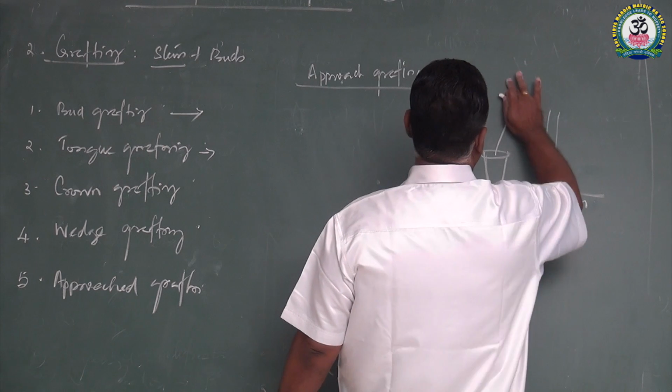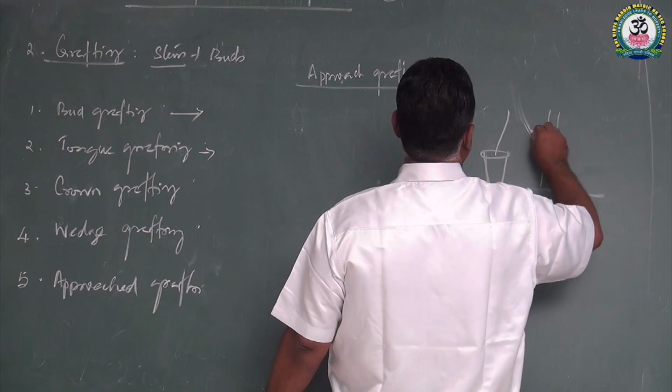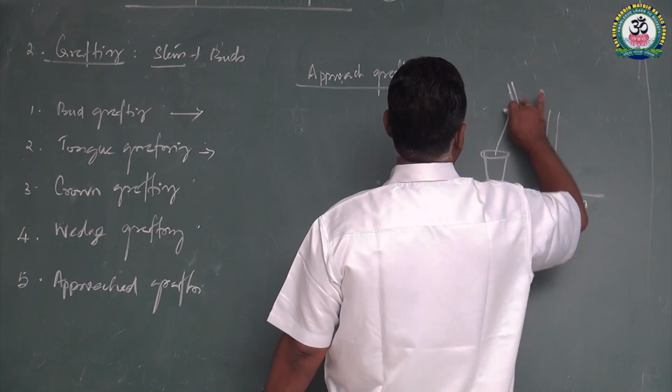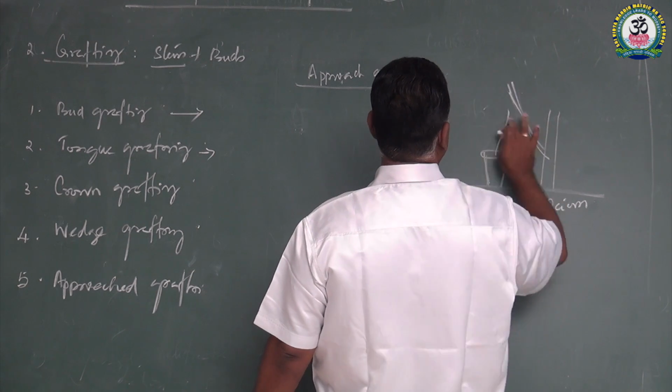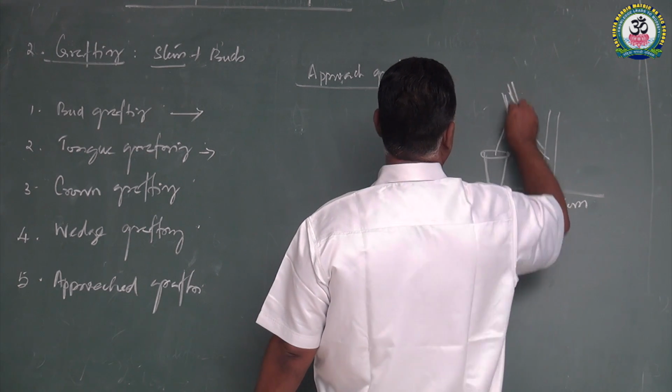Both the stalk and scion, one side of the stem is removed, and here too in the same way one side of the stem is removed.